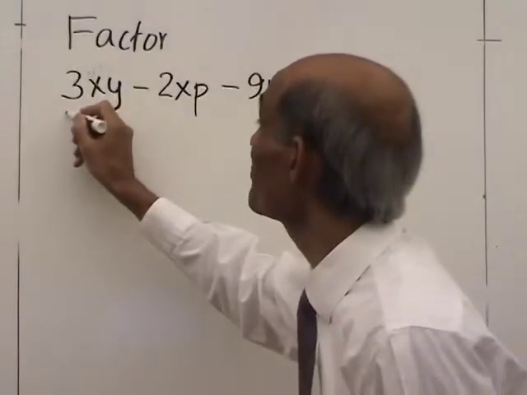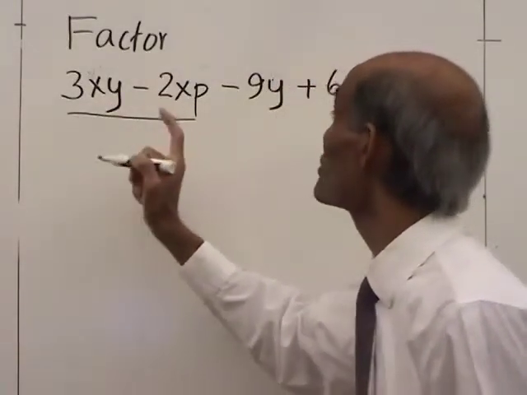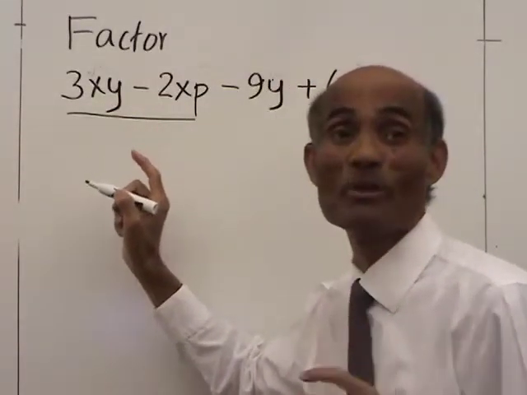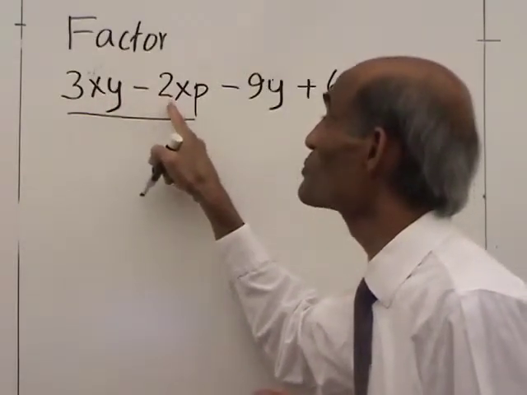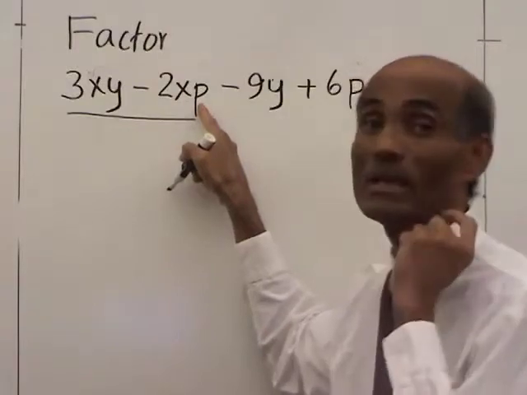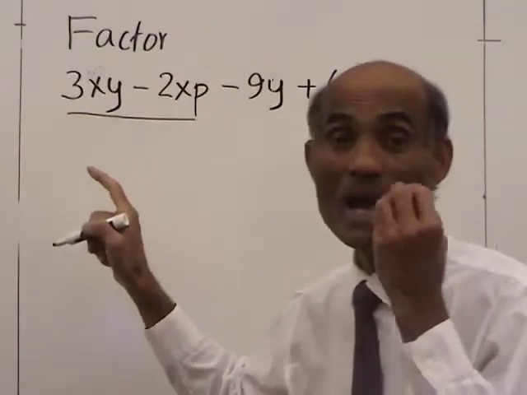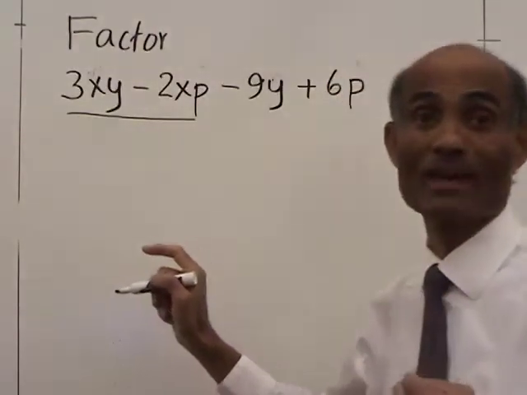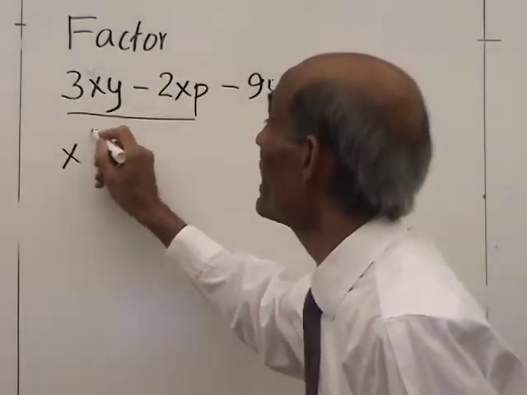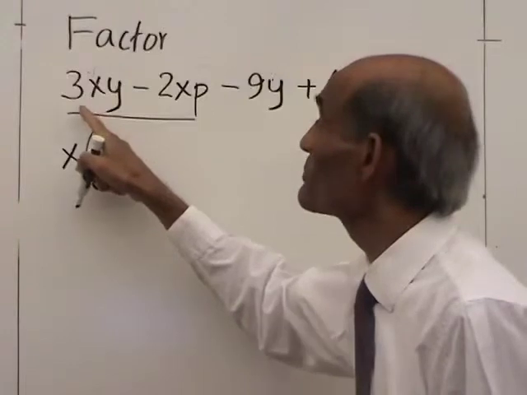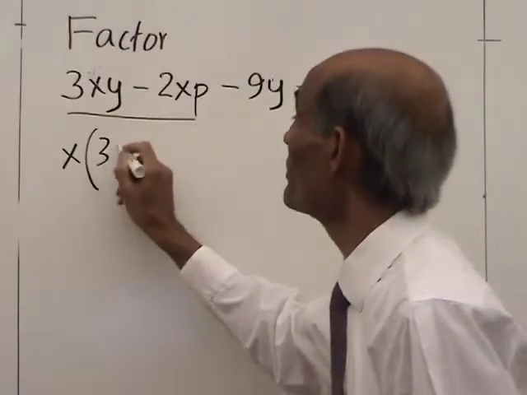So we first take the first two terms and see if there is anything common there. Look at this, 3xy minus 2xp. You can take out an x common there. So we take out an x. When the x comes out, what is left in the first term is 3y.